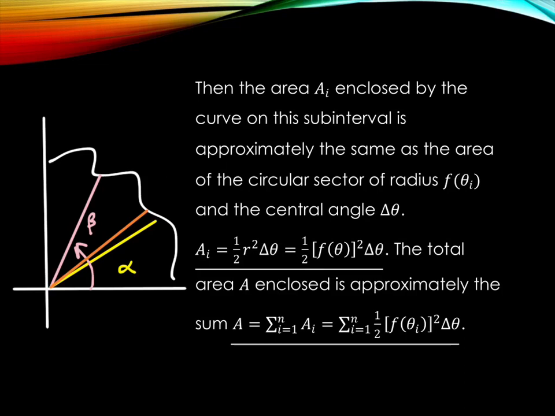The total area enclosed is then the summation of all of these little sectors. Now we're looking at things that look like chapter 9. The sum A is the summation from i equals 1 to n of a sub i, which is the summation from i equals 1 to n of 1/2 f of theta sub i squared delta theta.